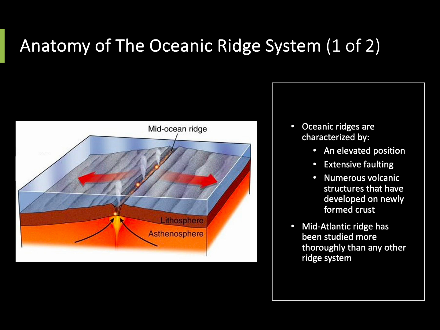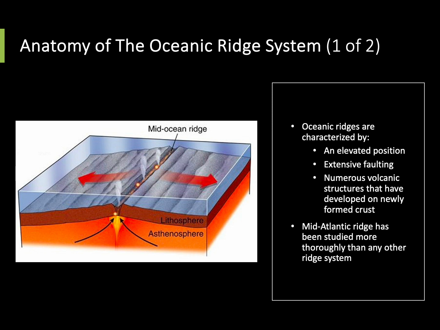But because we have solid rock that's trying to expand, we're going to have a ton of faulting develop, where the rocks are going to break and move in relation to one another. But because we're dealing with magma coming towards the surface, these mid-ocean ridges also have tons of different volcanic structures around them as well.